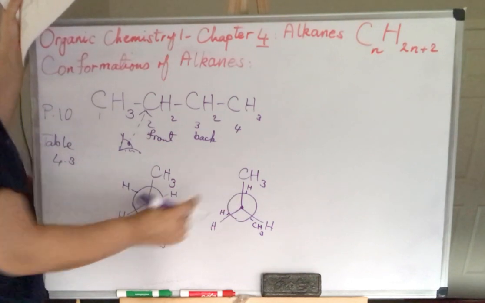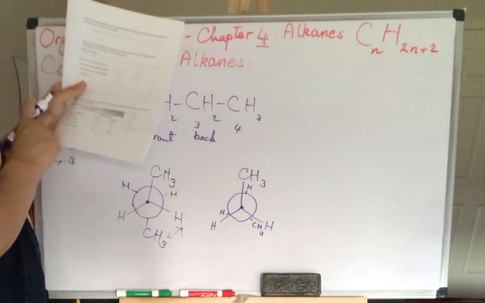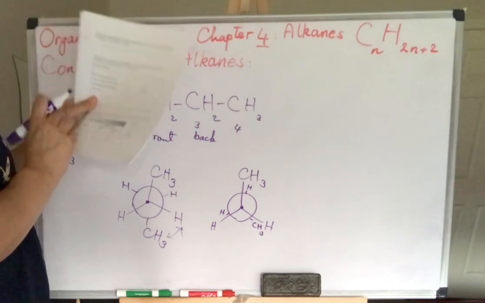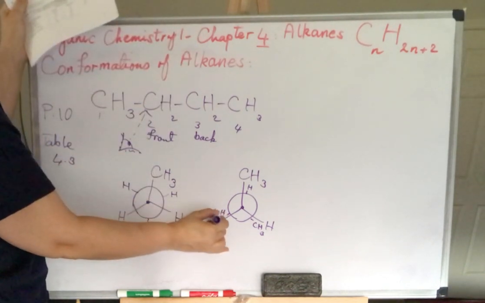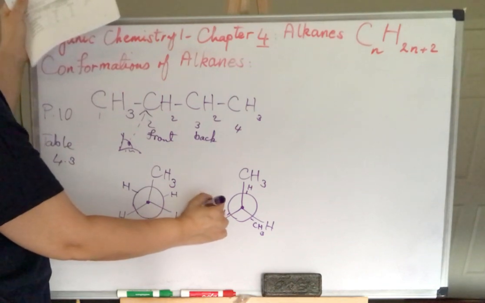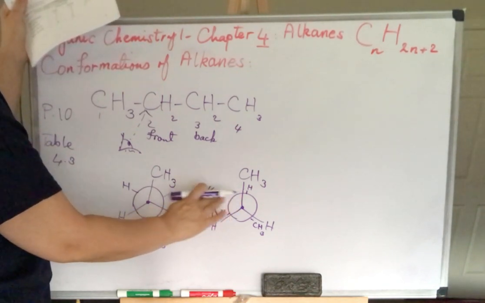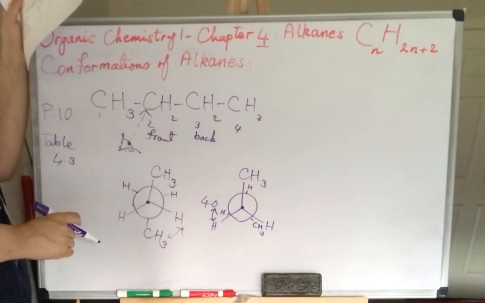So according to this table on page 10 of your study guide, the energy for hydrogen eclipsing, the strain, hydrogen is 4 kilojoules per mole, or you can use kilocalories. I go with kilojoules, depends on what is asked. But here it doesn't matter.